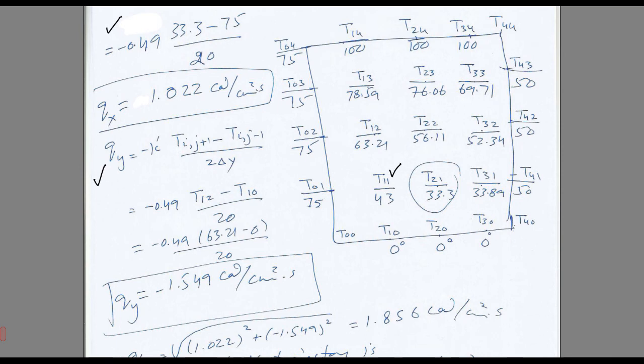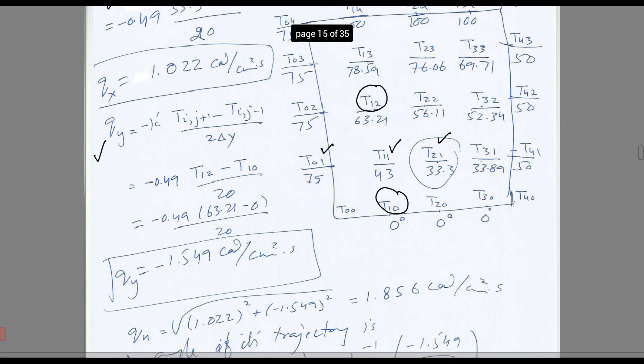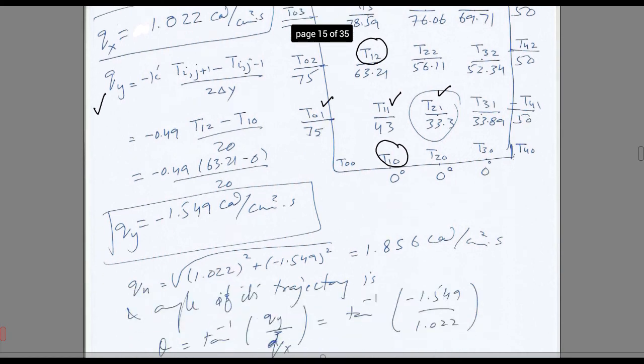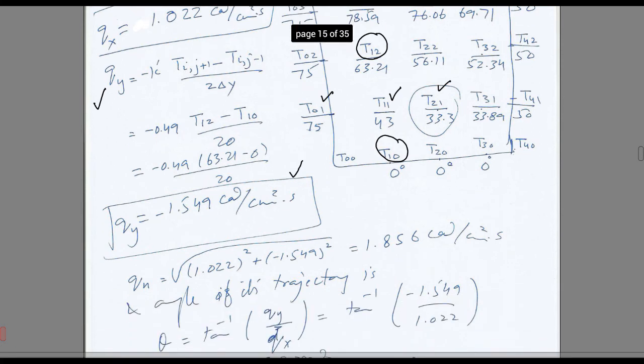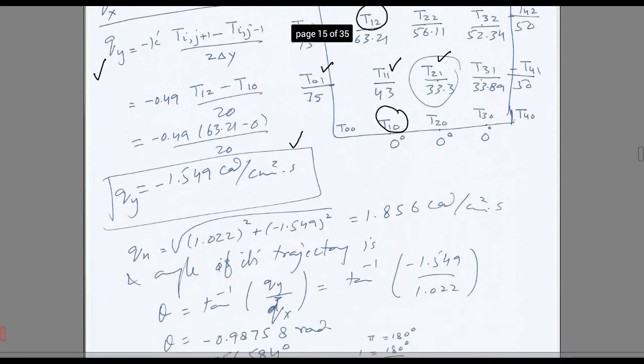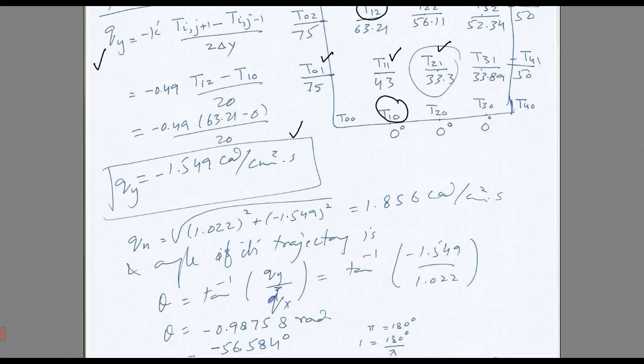This is T11, T21 and T01, and if we go up, this is T12 and below is T10 for node 11. That's why we are able to calculate qx and qy, and after we have qx and qy for the one node, we can directly calculate qn, and from there further we can also calculate theta.